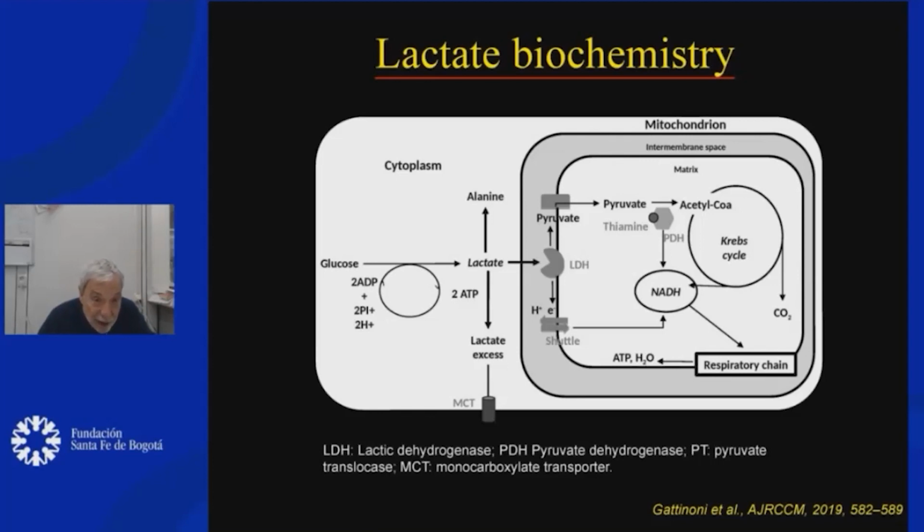Because of pyruvate, we have a translocation of the pyruvate, which becomes acetyl-CoA in presence of thiamine, which is a vitamin. The protons here enter, and both go into an energy-charged compound, which is used to produce the ATP with the respiratory chain.